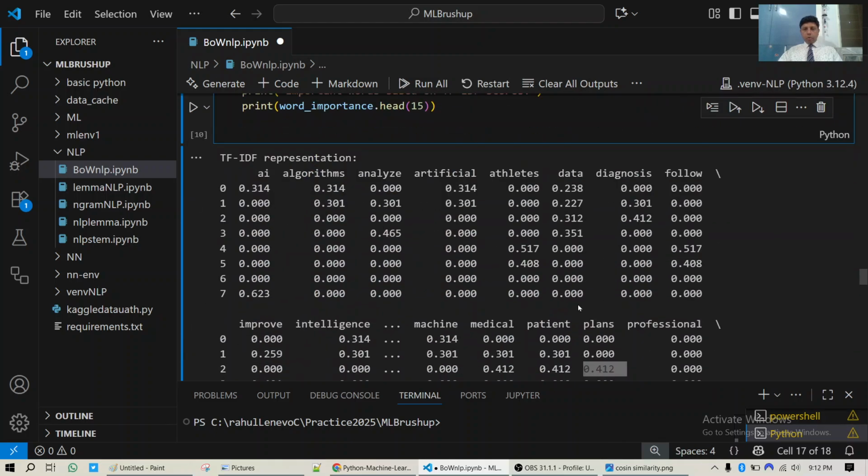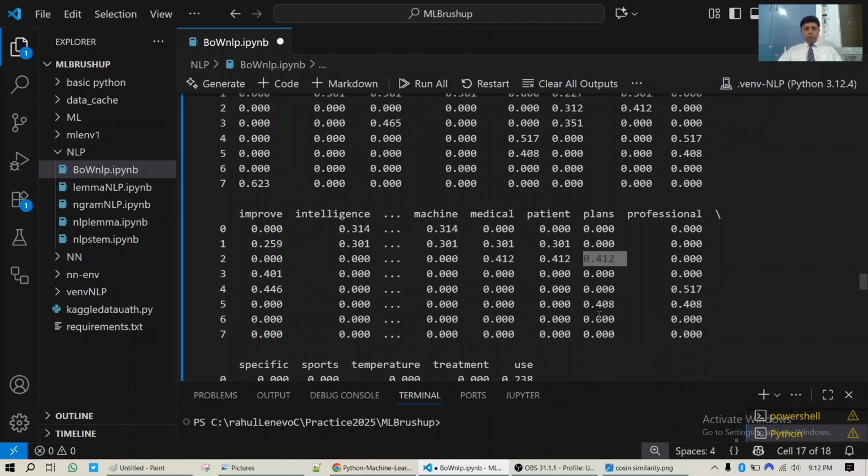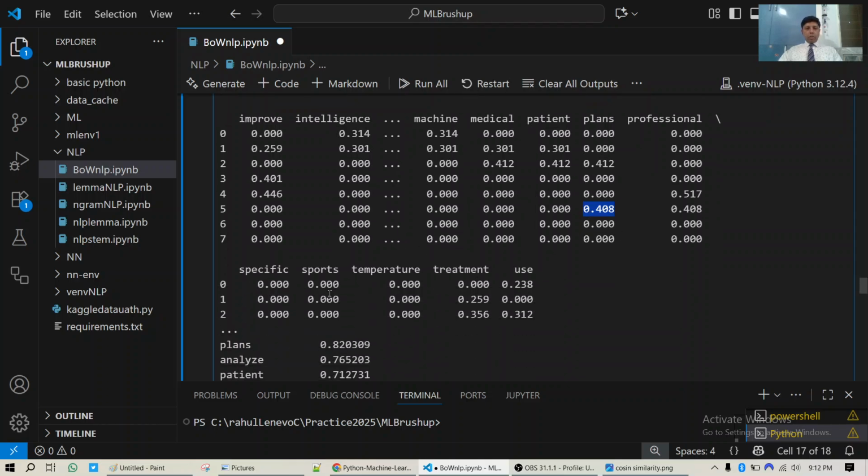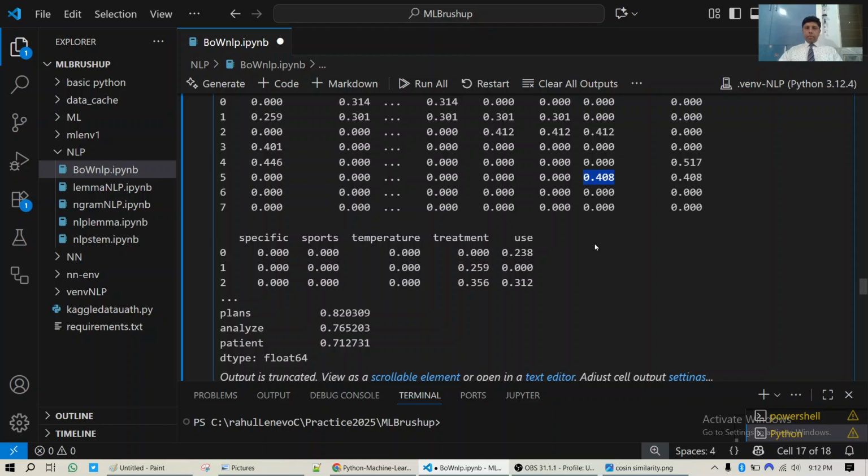So it is talking about the plans. Similarly, we have plans for maybe sports or achieving something. What is overlapping is health plans, plans for the sports along with the health, the diet, like that. So here we see this is the total TF-IDF score.